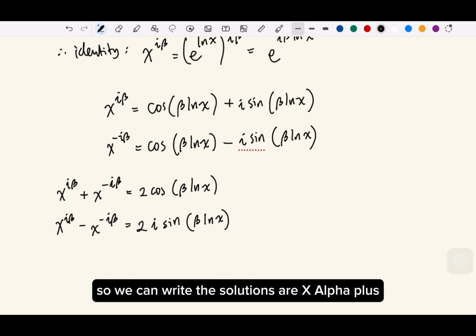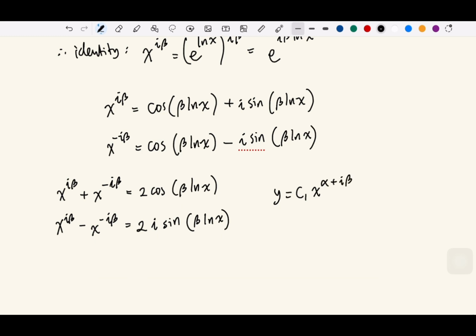So we can write these solutions as x to the alpha plus i beta and C2 x to the alpha minus i beta.